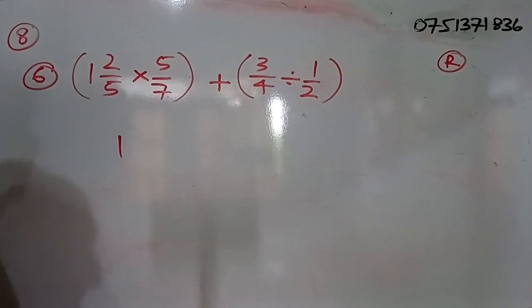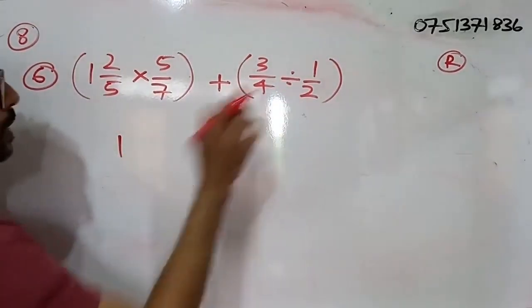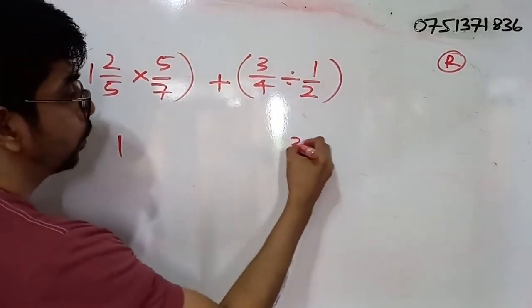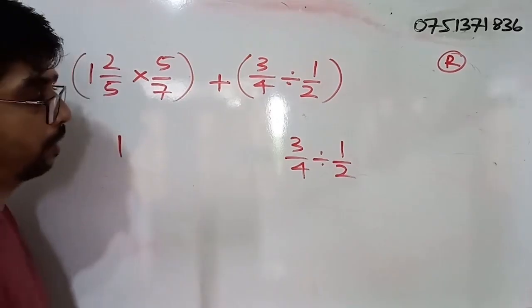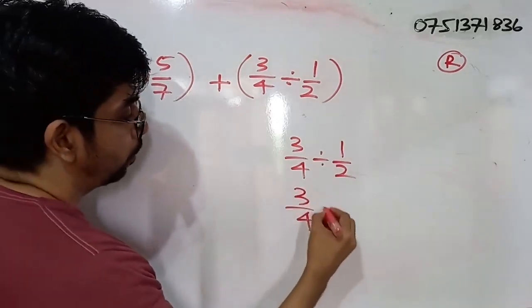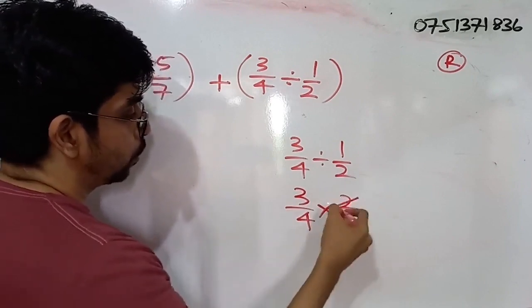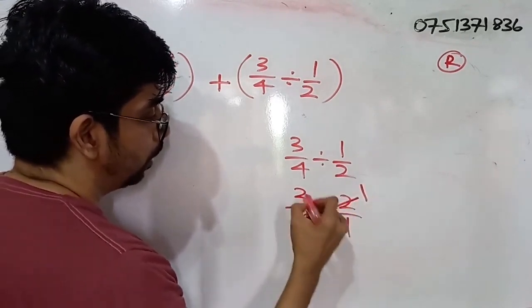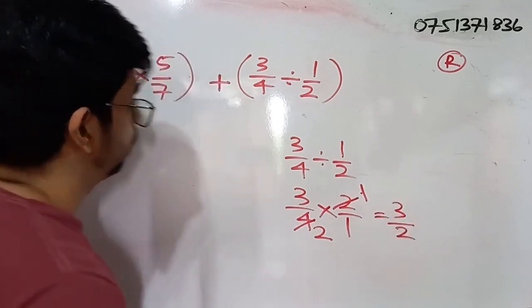So look at it. Now we move to this fraction, right? So 3 by 4, we have to divide that by 1 by 2 or 1 half. So 3 by 4 multiplied by the reciprocal of this, which is 2 by 1. So 2 times 1, 2 times 2, 3 times 1 we get 3, 2 times 1 we get 2.